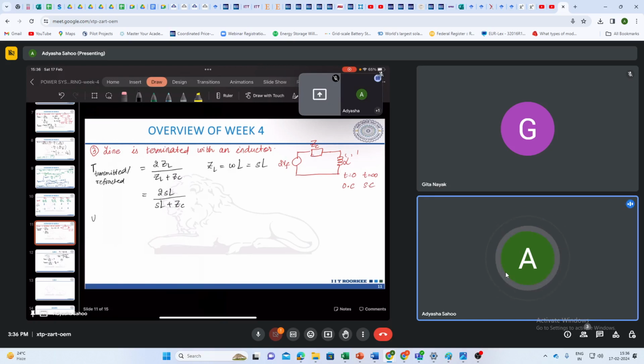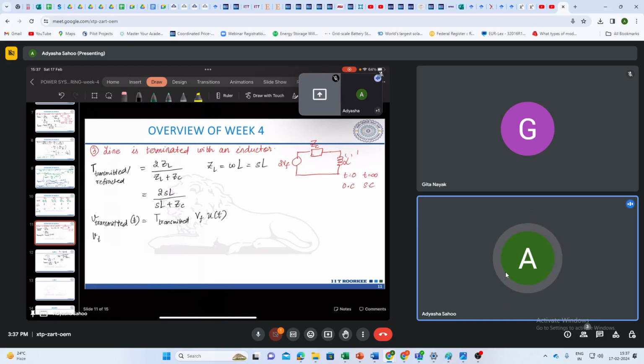So now V transmitted in time domain is basically T transmitted into V_F. Similarly, this is also a step function of incident voltage.